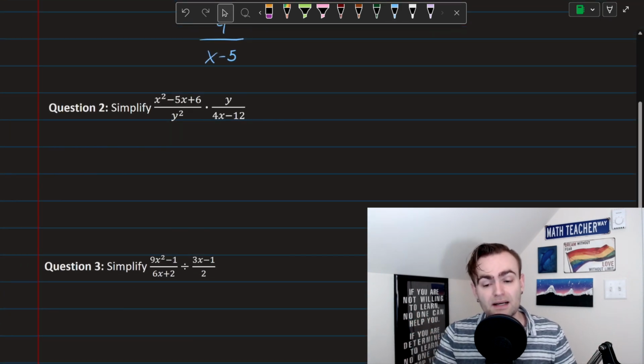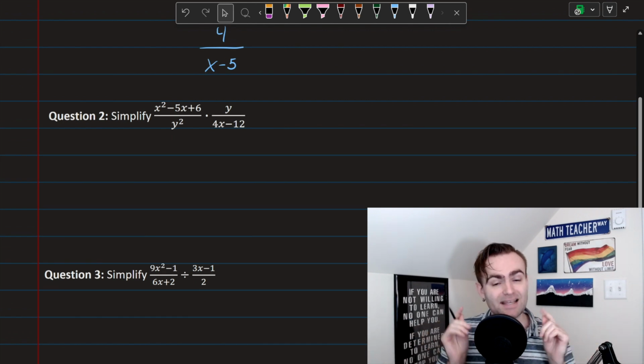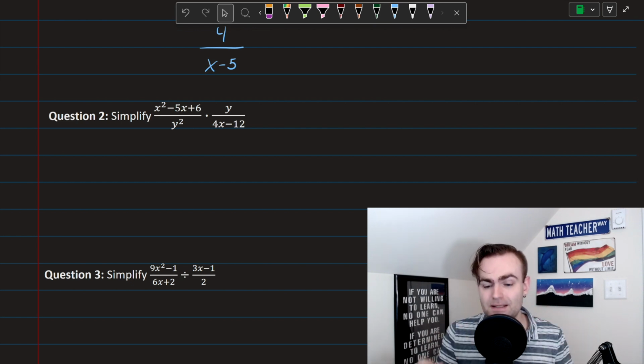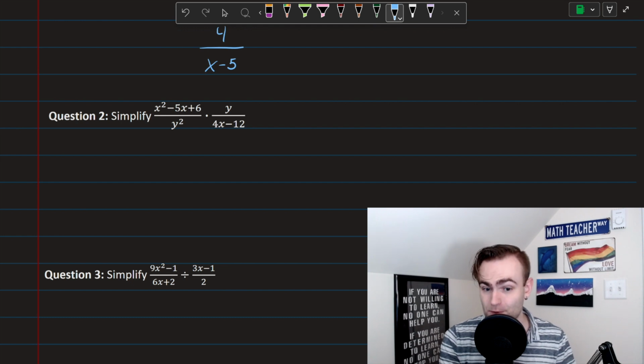When we multiply, just like we would multiply fractions, we multiply straight across, but I can make my life a little bit easier by simplifying beforehand. So I notice that both this polynomial and this polynomial are both factorable.